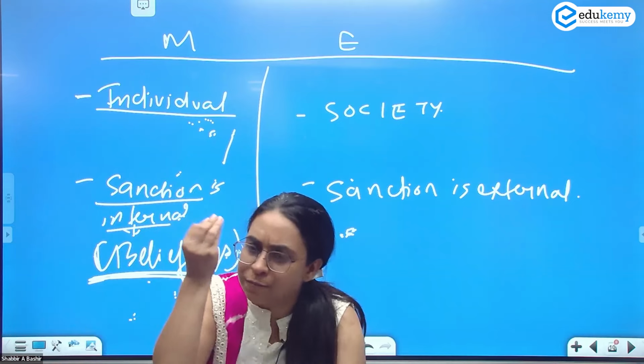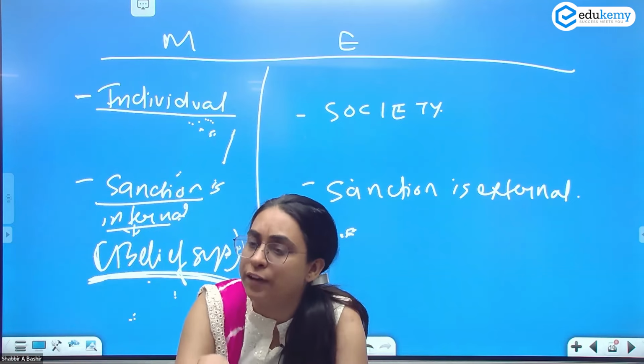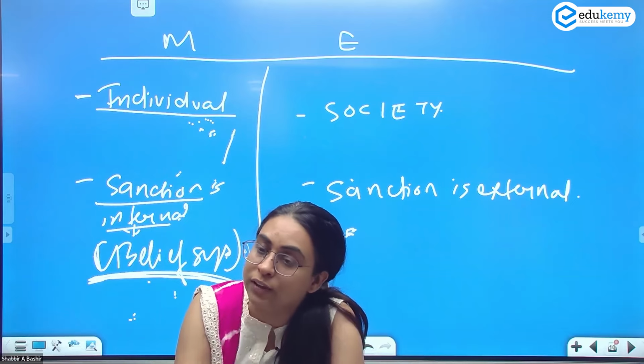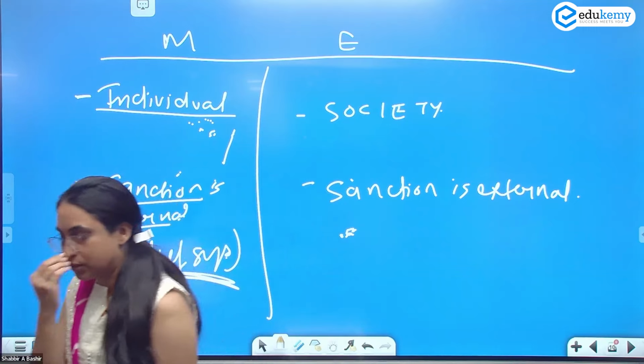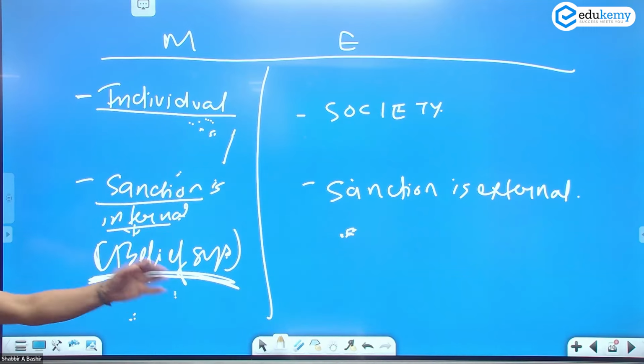There have been examples where morality of individuals have been in conflict with the ethics of the society. So लिखो, just write one line.